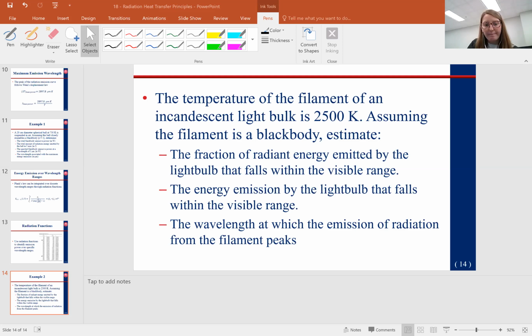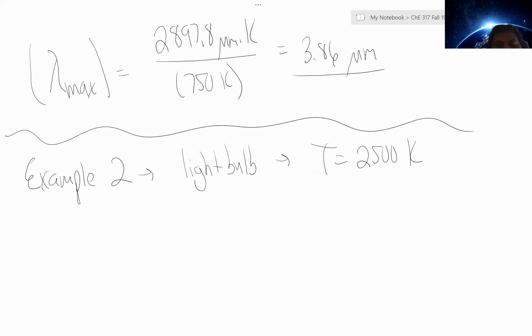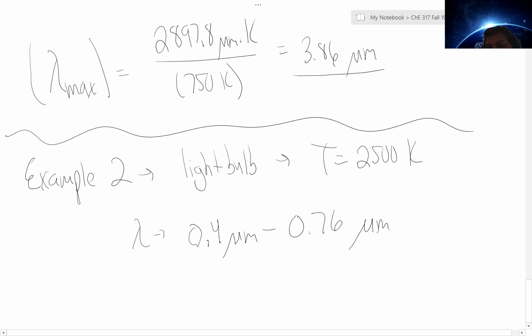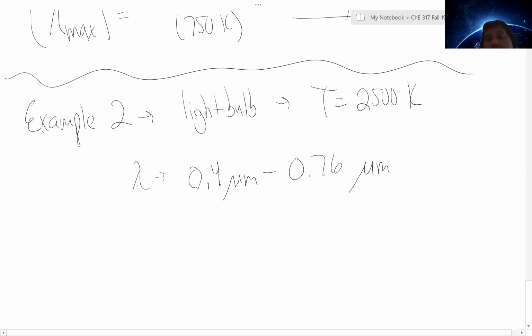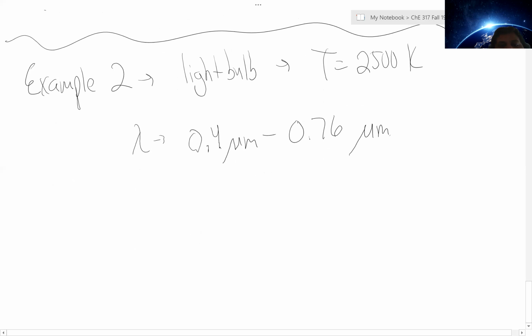So the visible range is approximately from 0.4 microns to 0.76 microns. And so the total fraction we're looking for is F of lambda 2 minus F lambda 1.